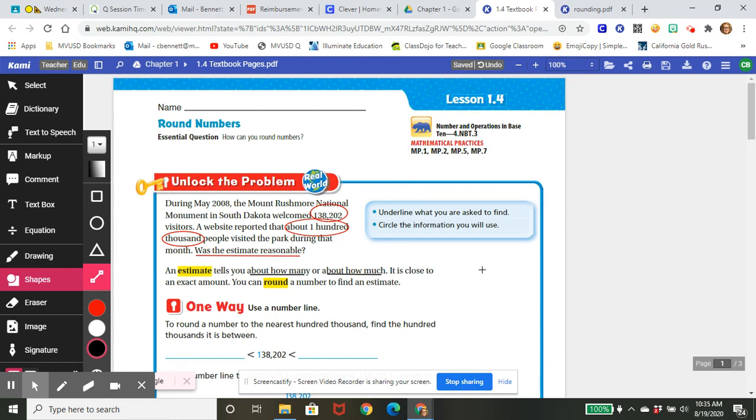All right? So when it's an estimate, it is close to an exact amount. And you can round a number to find an estimate. So that's what we need to do. We need to take our original number, we need to round it to find an estimate and see if it matches up with the estimate they put on this website.